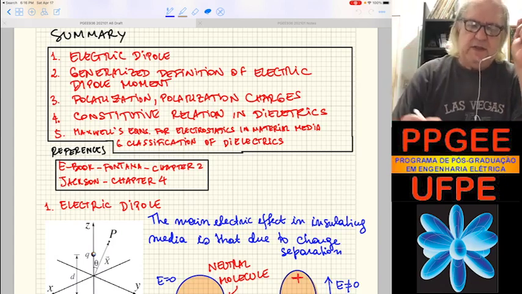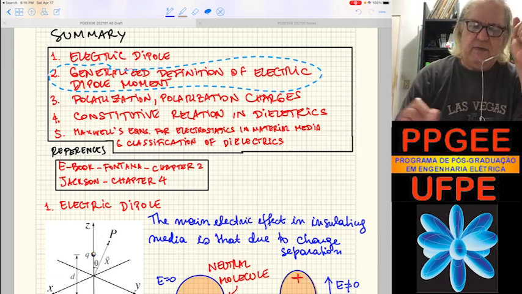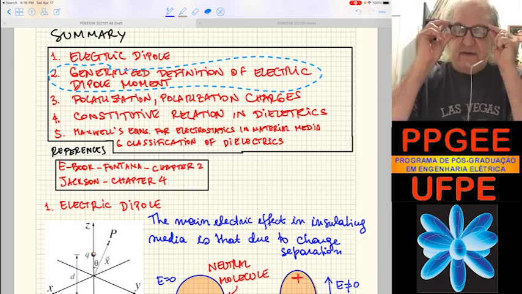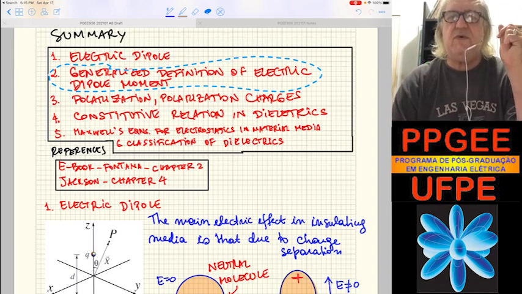Okay, so then we are going to make a generalized definition. We're going to conceptualize the dipole as a very simple model system, a pair of charges. Then we go on to generalize the definition.